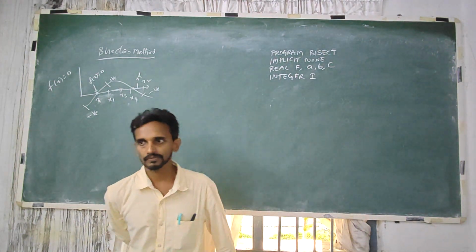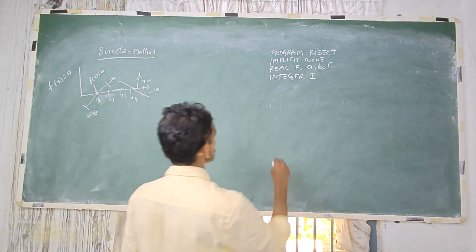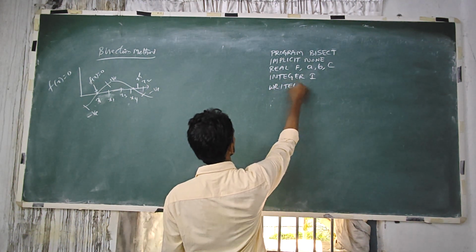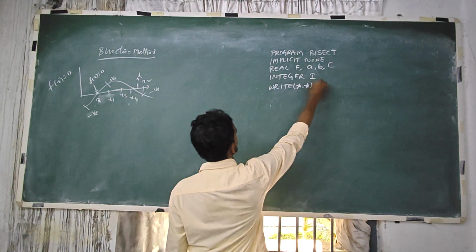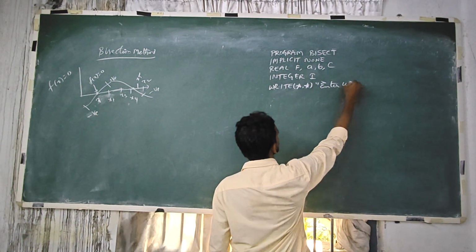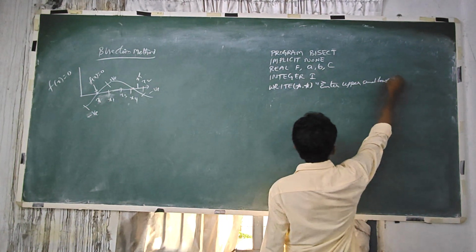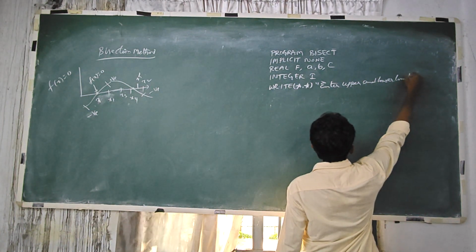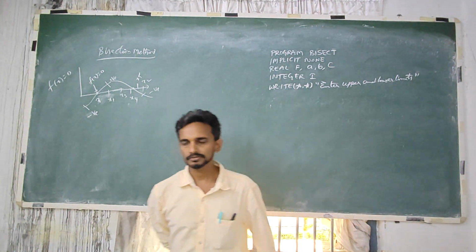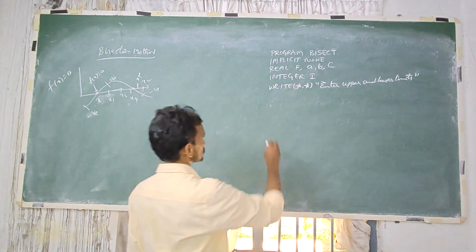Now I am asking the user to enter two numbers: enter upper and lower numbers. And I am reading them as A and B.